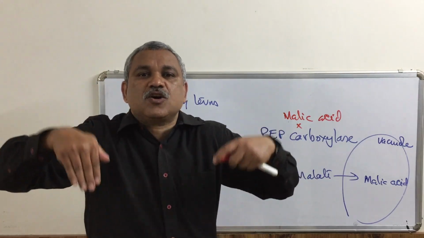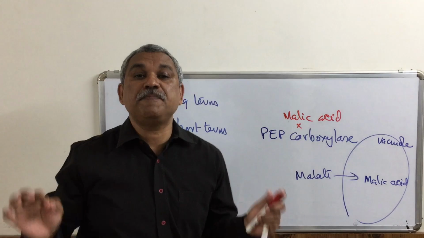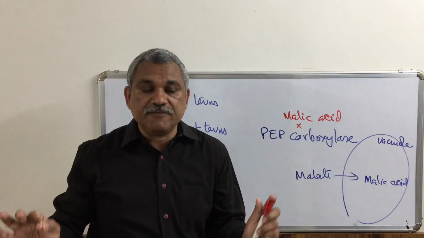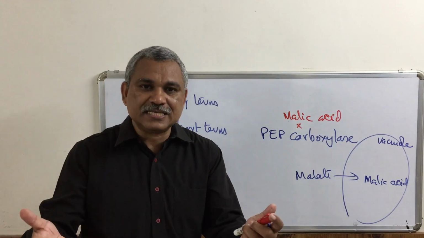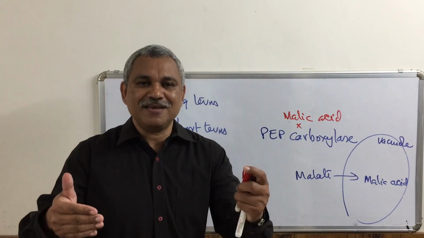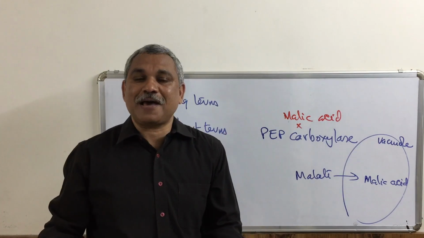It is minimizing the concentration of malic acid in the cytoplasm. Therefore, PEP carboxylase will be active to carry out fixation of carbon when it is lower temperature, at darkness.